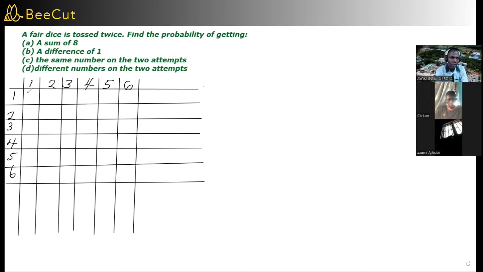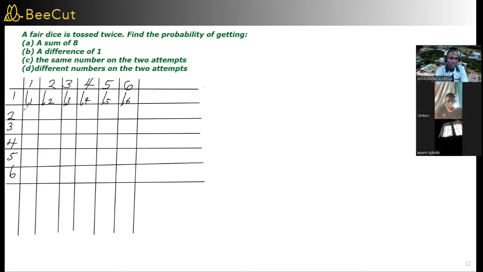It's possible that the first attempt shows 1 and the second attempt shows 1. It's possible that the first shows 1, the second shows 2. First is 1, second is 3. First is 1, the second is 4. First is 1, the second is 5. And first is 1, the second shows 6. So I can put a comma to separate the attempts.